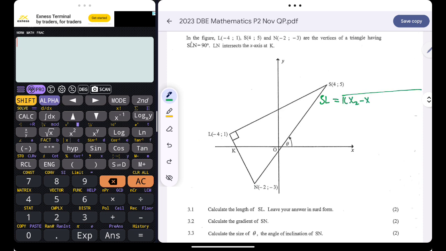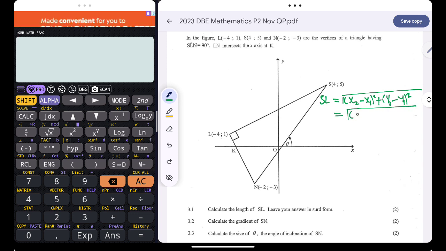Simply take x2 minus x1 all squared plus y2 minus y1 all squared. So I'll simply take the x value at L, -4, minus the x value at S, plus the y value at L minus the y value at S. This will give me -8 all squared, that's 64, plus 1 minus 5 is -4 all squared is 16.